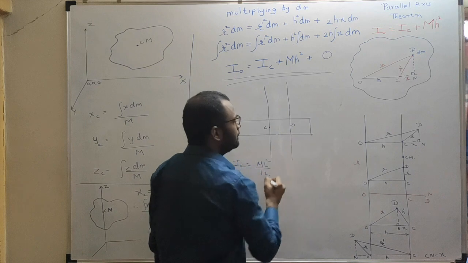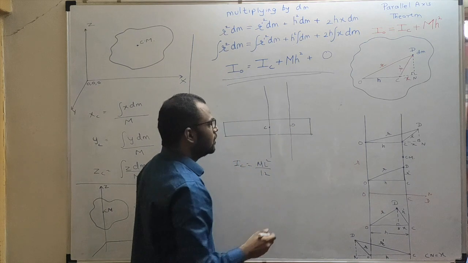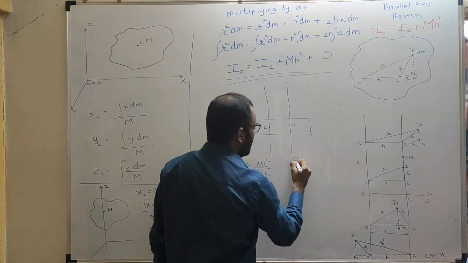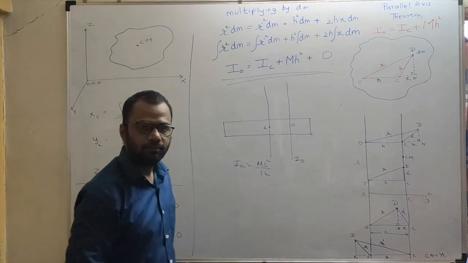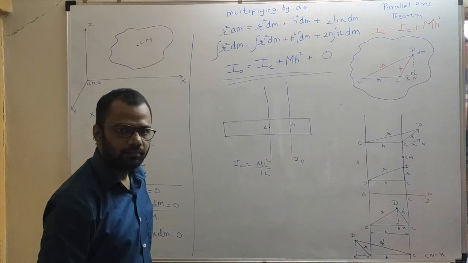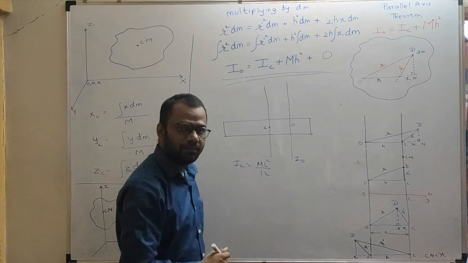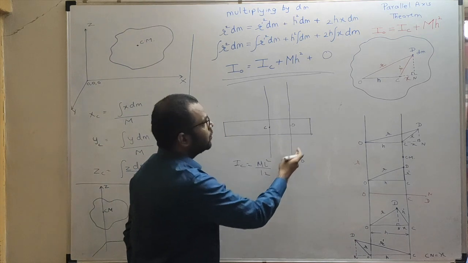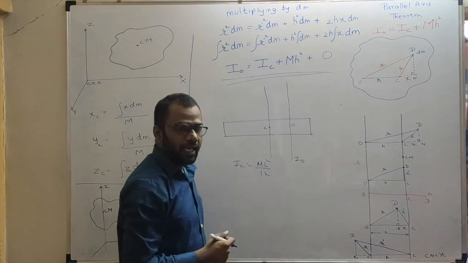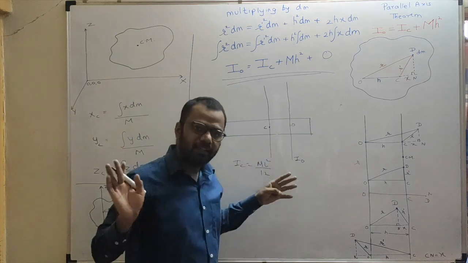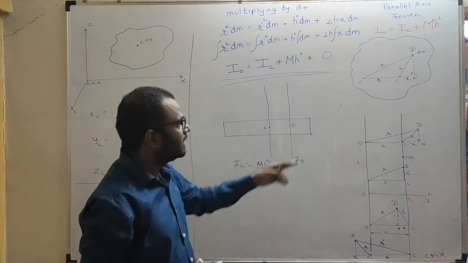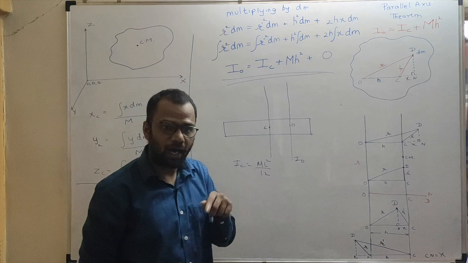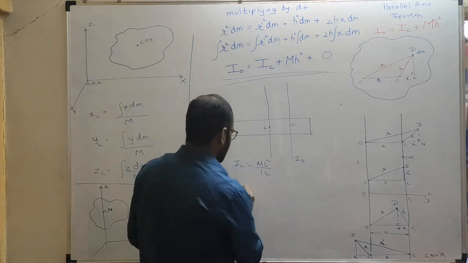Let us say this is point O. So let us say the moment of inertia about this axis is IO. Now we already know IC. Now IO can be found out by this formula. Actually IO can also be found out by integration, but the theorem saves our time because we already know IC. So IO will be what?